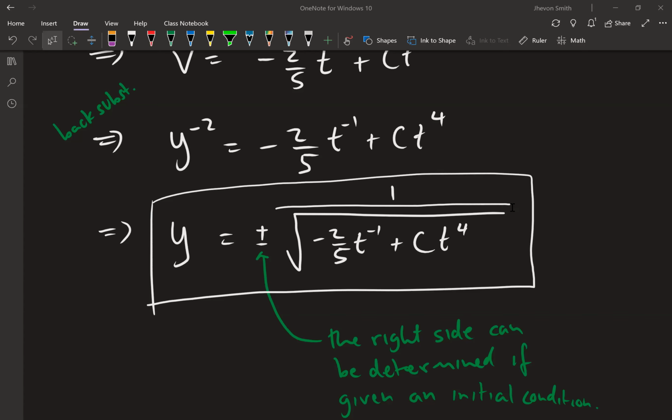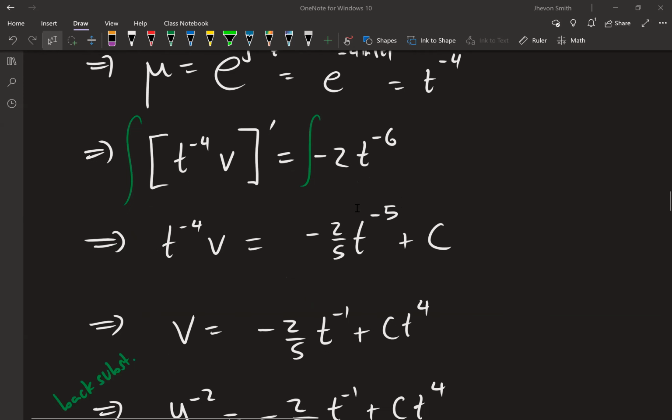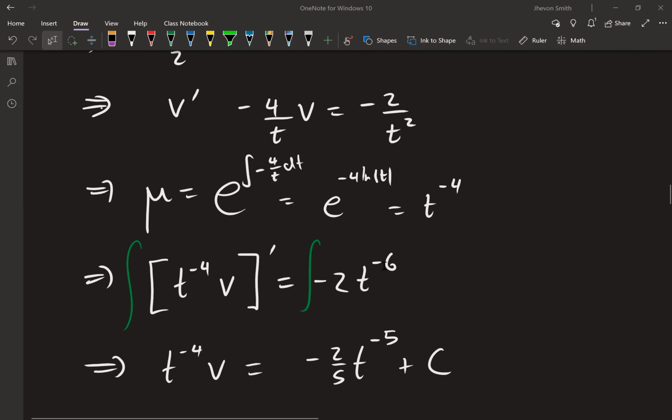Okay, any other issues here? Yeah, so y to the negative 2 is just 1 over y squared. So I take the reciprocal of both sides and then take the square root, and I get this. Positive 2/5. Should it be positive 2/5? Add 1 to the power is minus 5, divide by the new power.